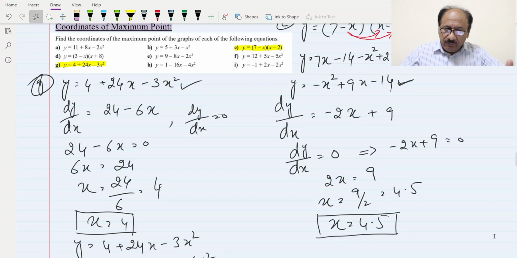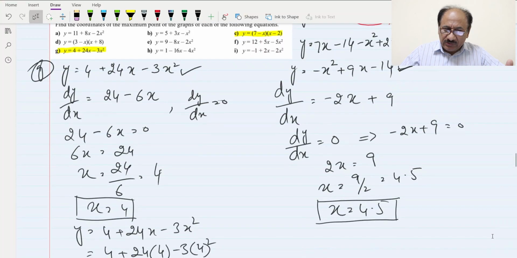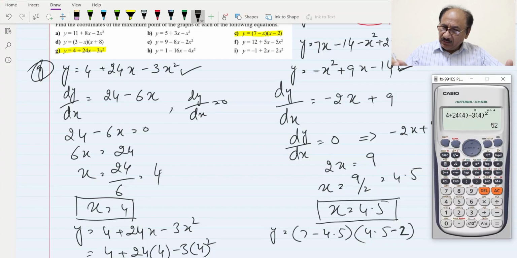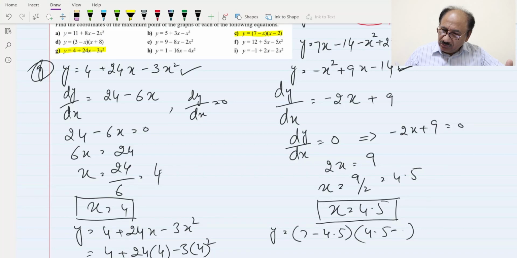So I will be replacing in the question, so y will be equal to 7 minus 4.5 and 4.5 minus 2. So this is basically the question, y is equal to this, and we will be replacing in this one. I will be rewriting this 2 neatly like this. Okay, good.